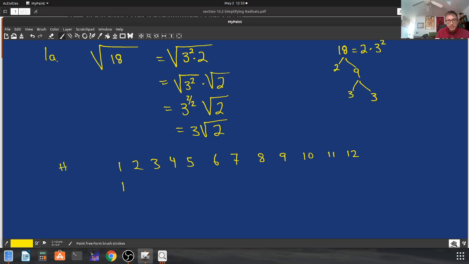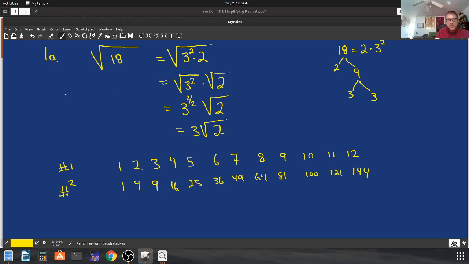So this is the number, and this is the number squared. 2 squared is 4. 3 squared is 9. 4 squared is 16. 5 squared is 25. 36. 49. 64, 81, 100, 121, 144.